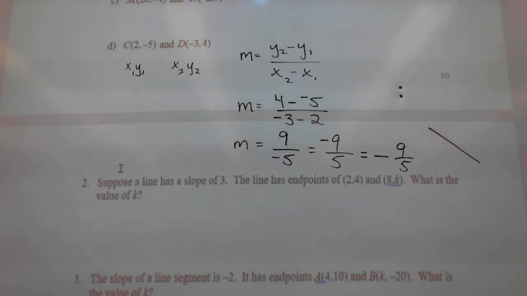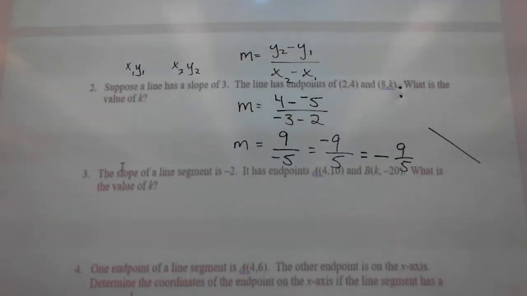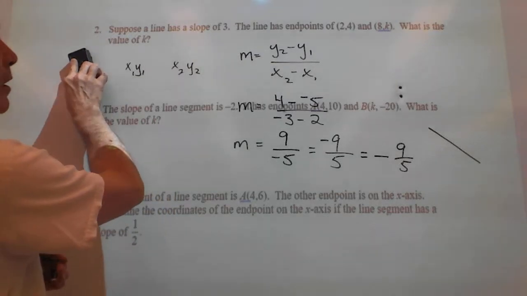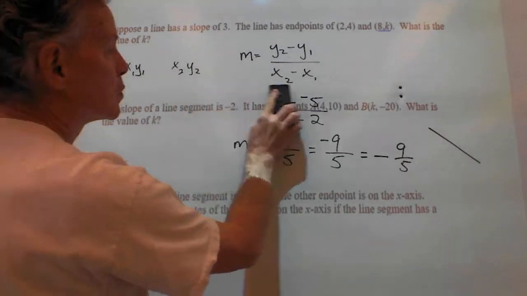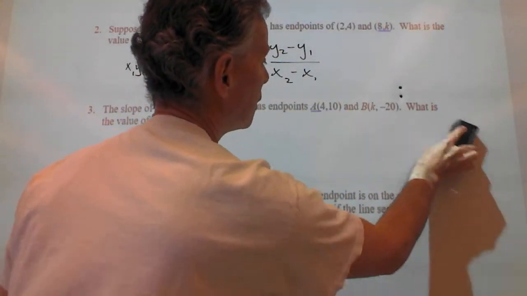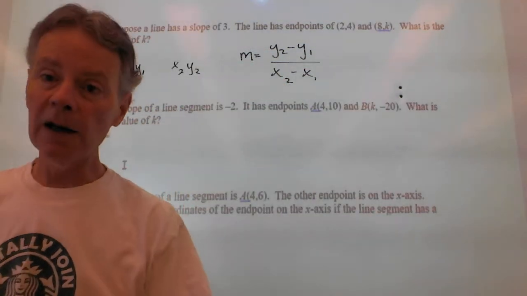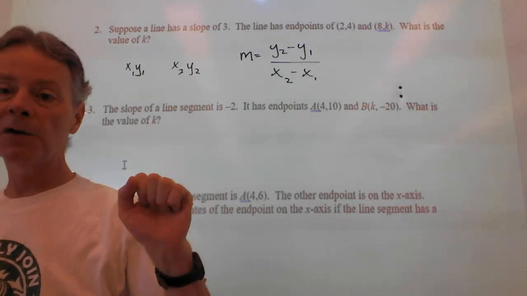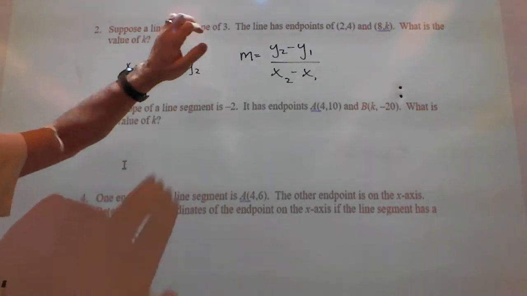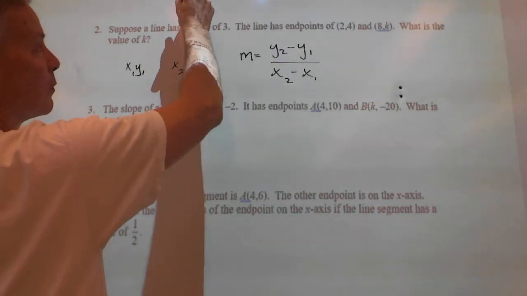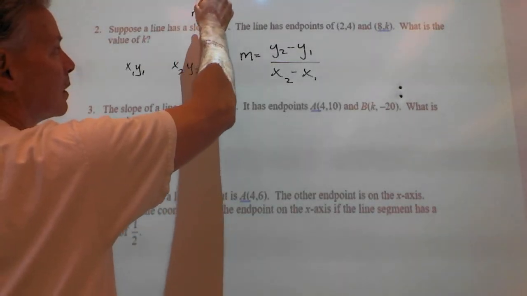Moving on, we'll just take a look at number 2. Number 2, remember how I said a minute ago that you can think of the slope as just like any other formula that has 5 variables? Well, what they've done in number 2 is they've given you a value for the slope. They've said that m equals 3.